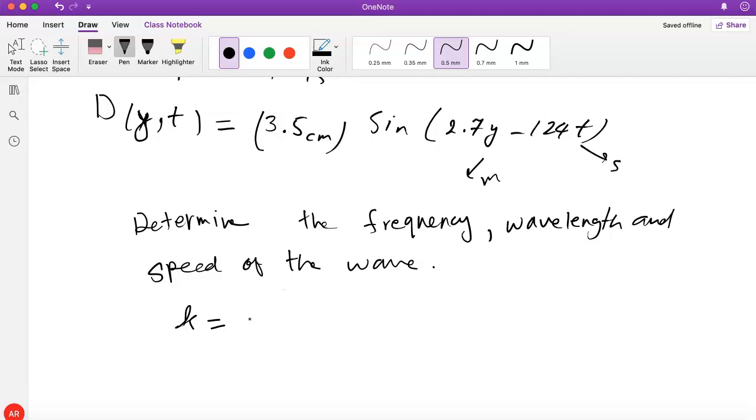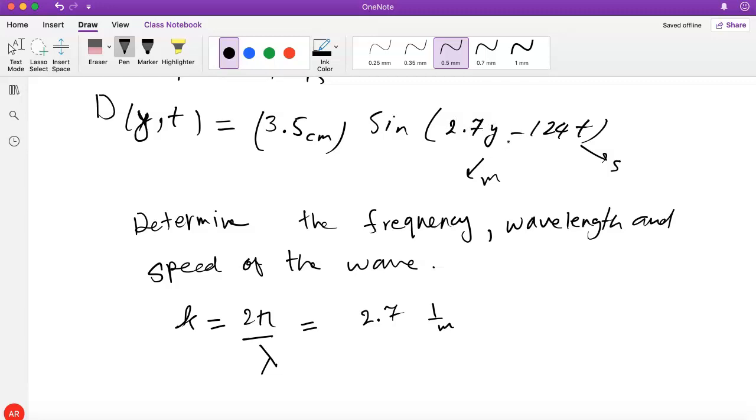So we know k is 2 pi over lambda, and that's 2.7 per meter. We can just read it off. What multiplies the distance is k.